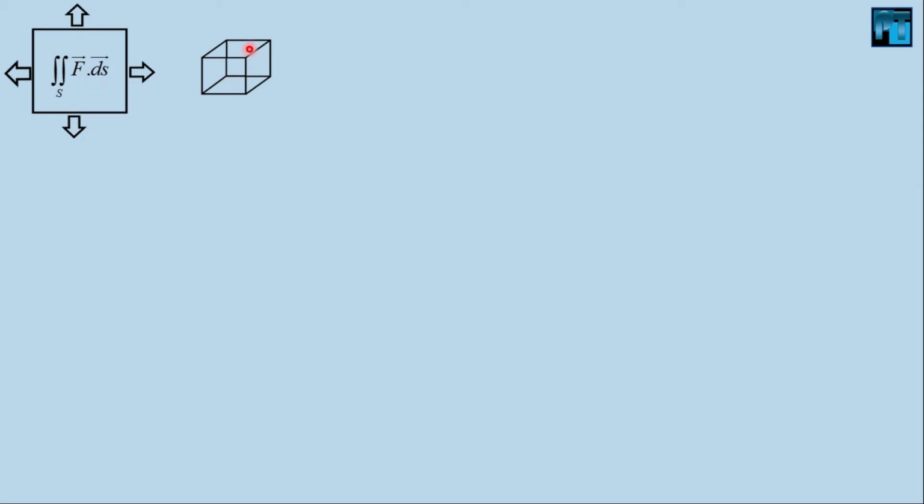Now, this thing is a cube. That means a volume. So, for a volume, we use volume integrals. But this is an open surface, like a paper. Now, using gum, you make this open paper into this cube.